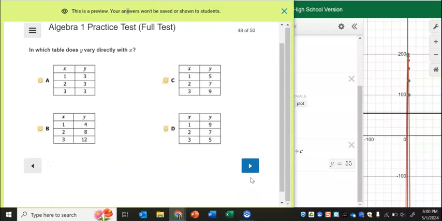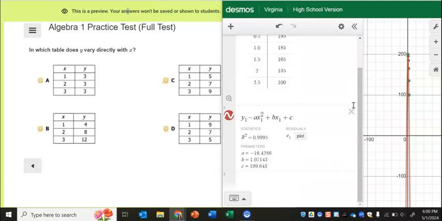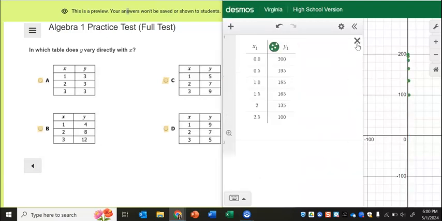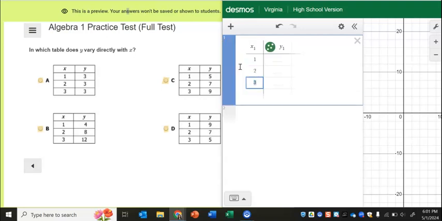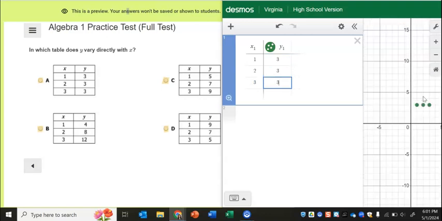Which table does y vary directly? So remember that the direct variation goes straight through the center to the origin. I'm just going to plug the tables in and see which one looks like it's going through the origin. Well, that's definitely not, because it has to be tilted here.